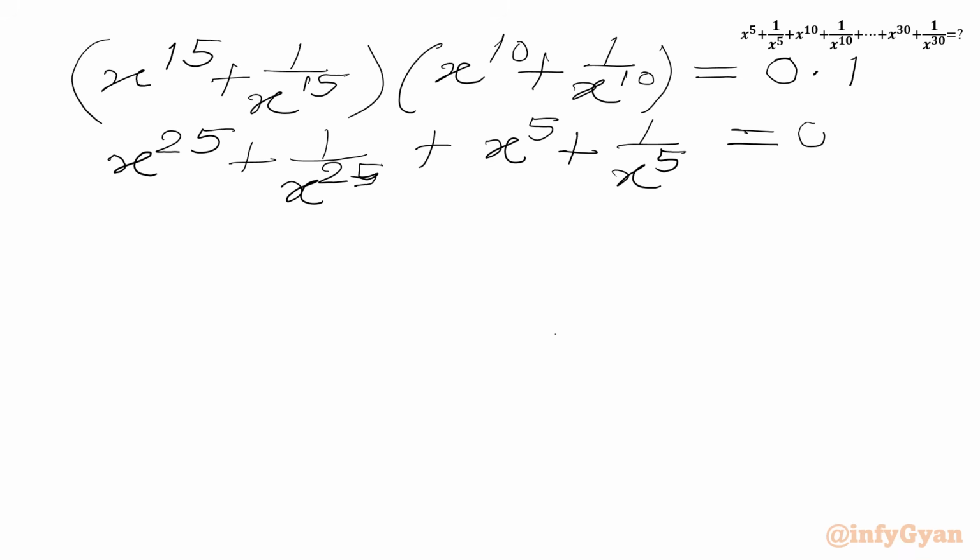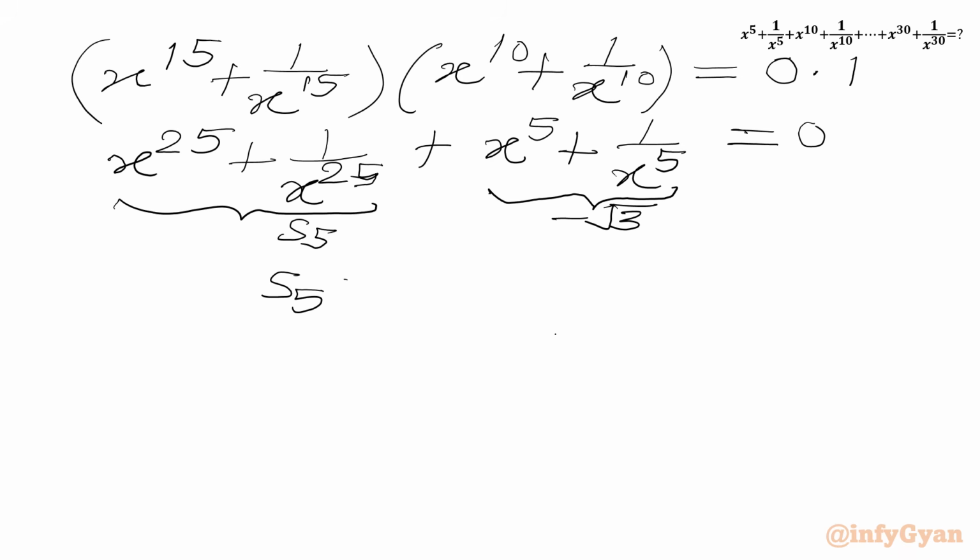RHS will be 0. Now this is minus square root 3. So we can write here S5. So S5 minus square root 3 equal to 0. From here we will get S5 value square root 3.